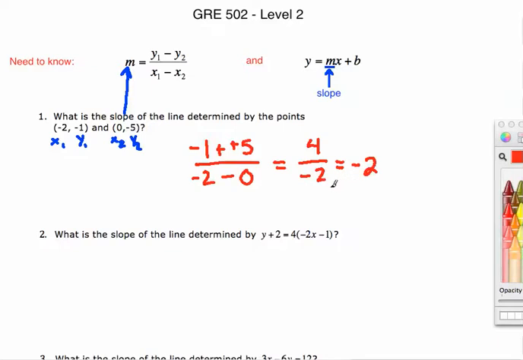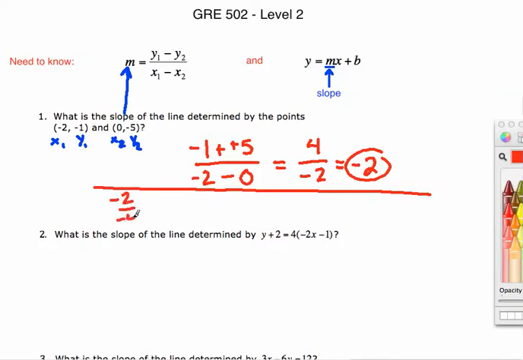Now if you think about how to simplify a fraction, this is not the same problem, this was our answer for the first problem, but let's just say you end up with an answer that looks like this. If you know how to simplify this, that's great. If you're not sure, I have a way for you to use your calculator.